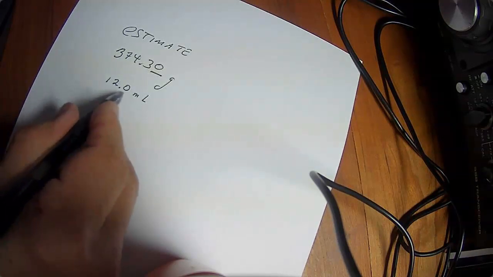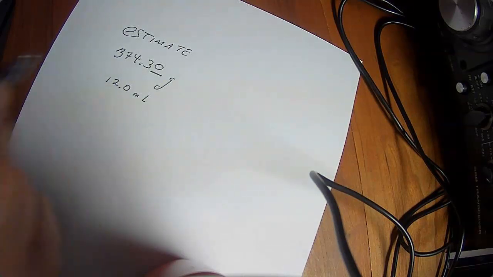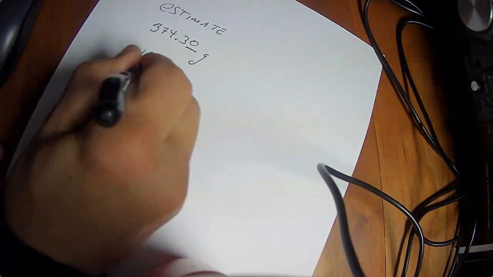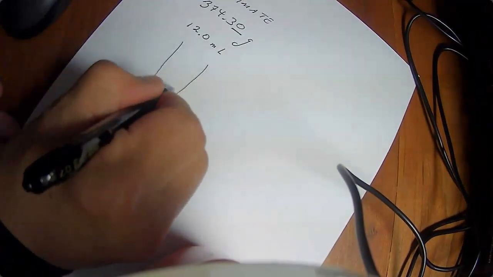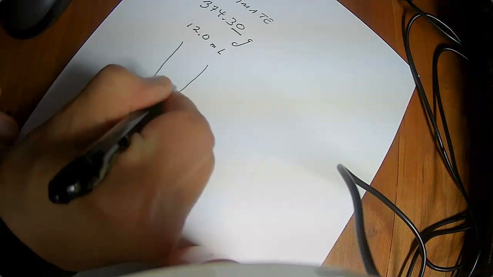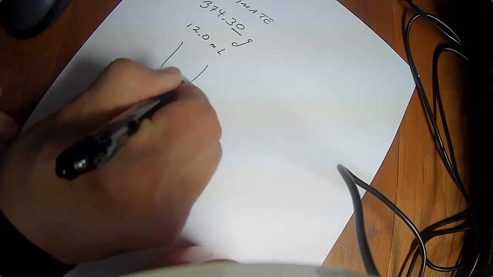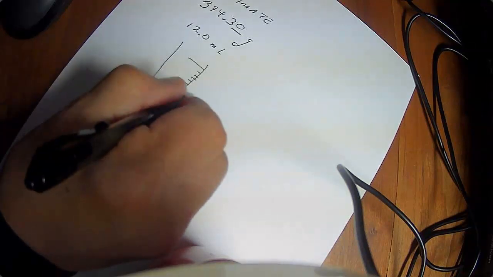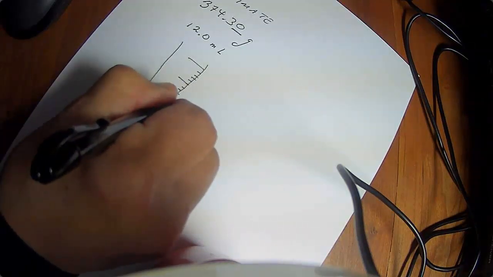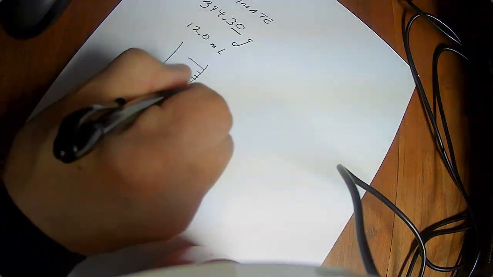But when we get into the laboratory, you really do want to make it a habit of getting that decimal place one past where you could read. Like for example, if I have a grad cylinder here, well, it's not a very good looking grad, it looks like a grad cylinder someone kicked in. And this might be 10 and 15.